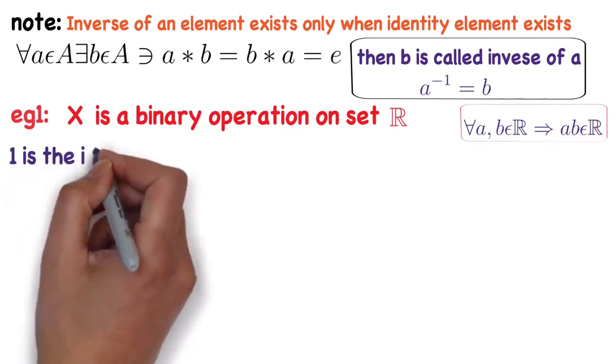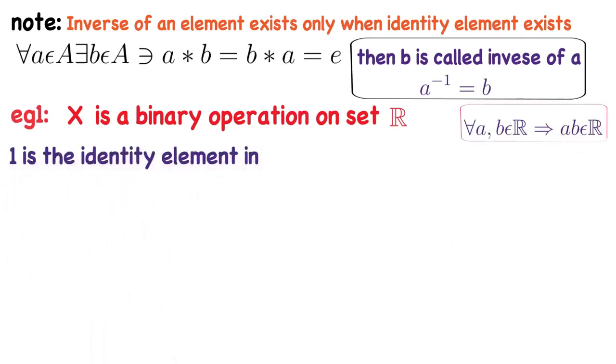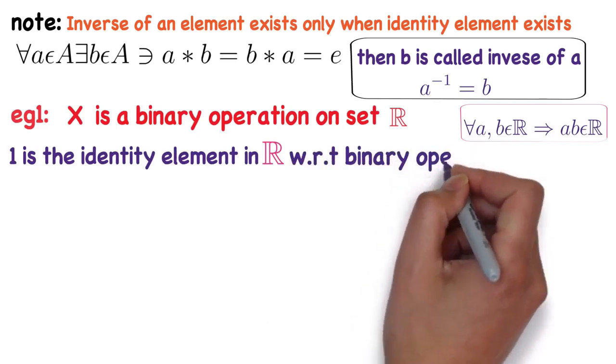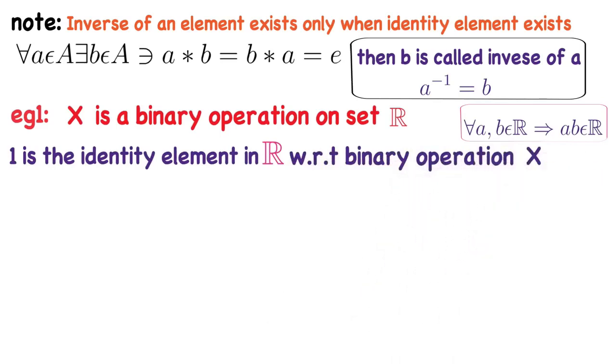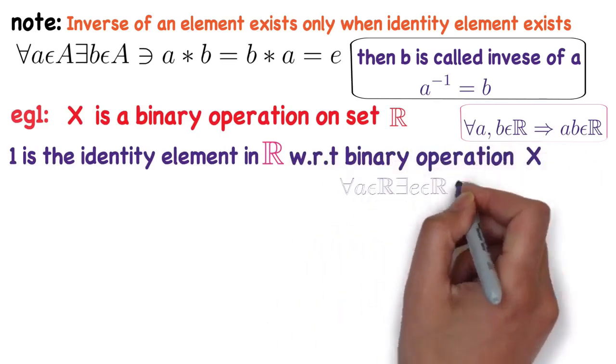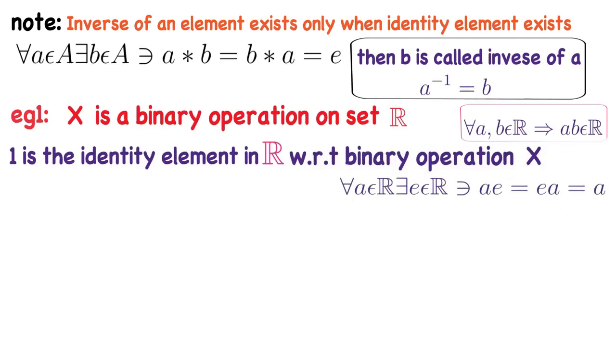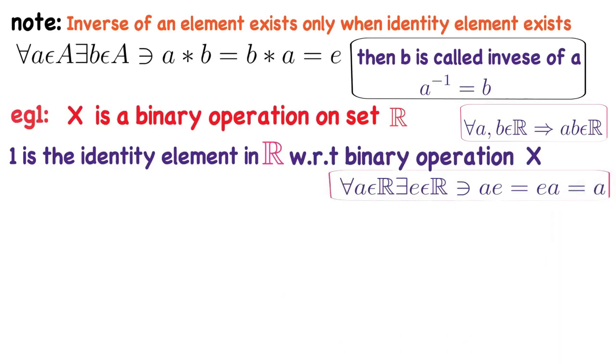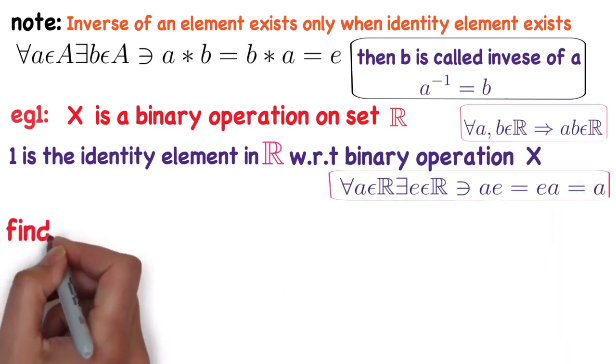Yes, so multiplication is a binary operation on the set of real numbers. 1 is the identity element in R with respect to multiplication. We'll check this. You take a in R, there exists 1 in R such that a into 1 equals 1 into a equals a. So 1 is the identity element.